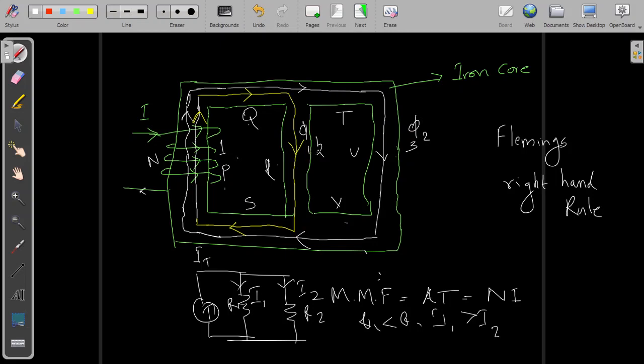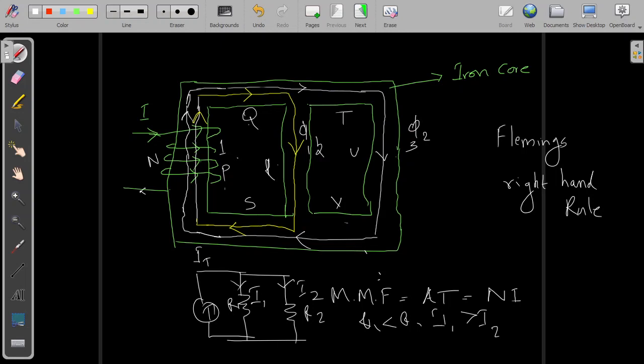Here it will not be resistance, it will be reluctance. So phi 1 and phi 2 depend upon the reluctances offered by the path PQRS and the path PQTUVS and P. These two paths.